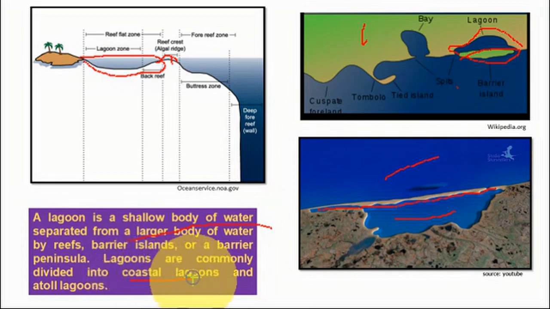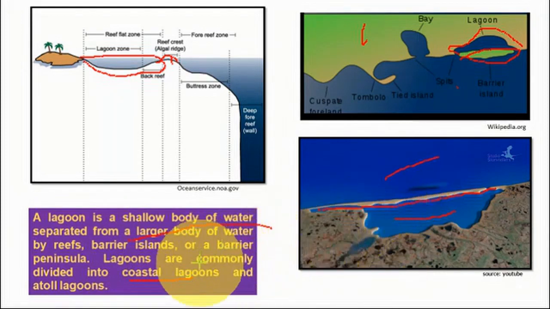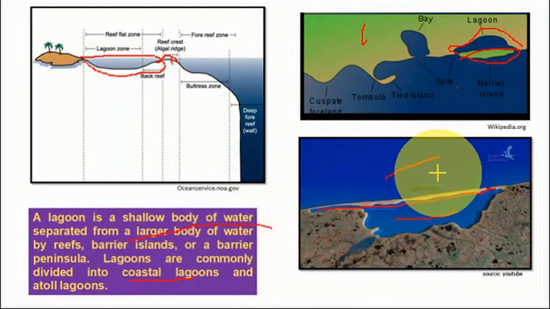As you know, coastal lagoons are lagoons formed from the coastal water of the ocean, and atoll lagoons form when an island completely subsides beneath the water, leaving a ring of coral that continues to grow upward.